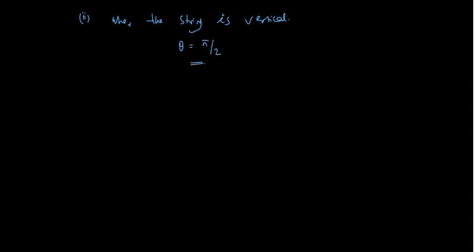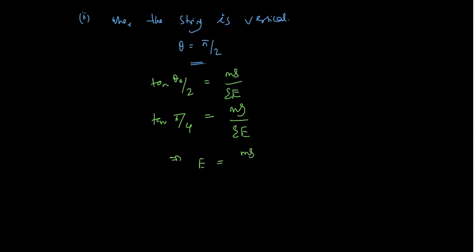Then I have written tan theta naught by 2 is equal to mg by QE. So in that case, it will be tan of pi by 4, that is equal to mg by QE. So that is equal to 1. So in that case, E will be equal to mg by q.